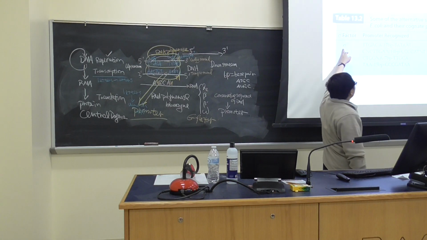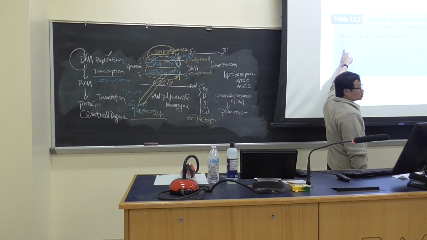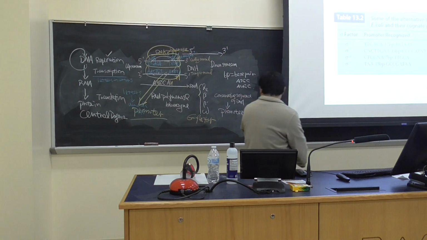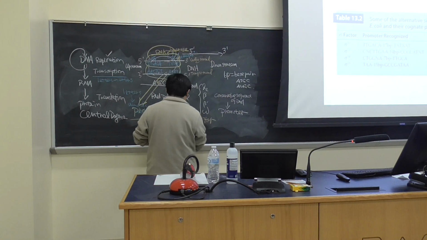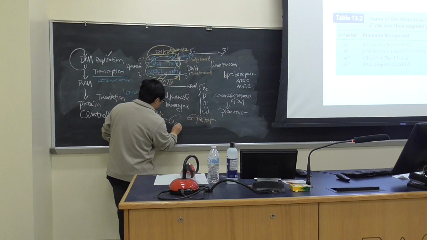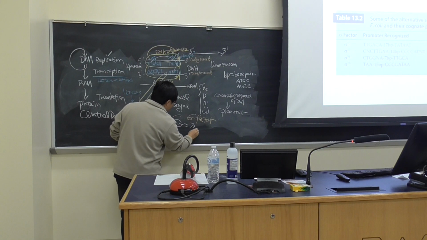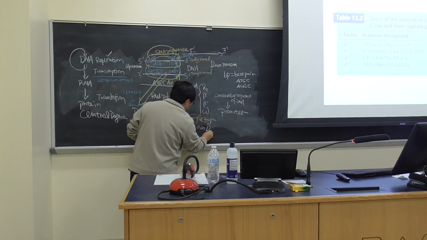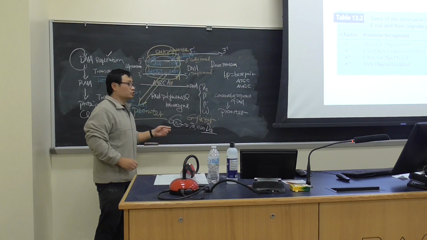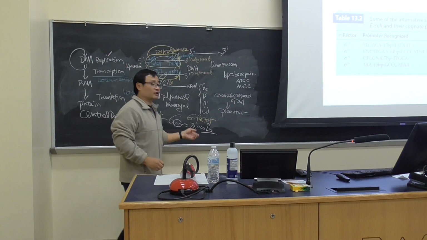That's why we call it sigma 70. What does 70 mean? That's the mass weight of a protein, 70,000 Da, used to measure the molecule of the enzyme.